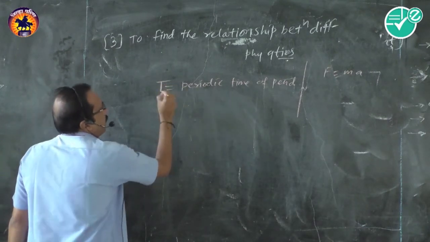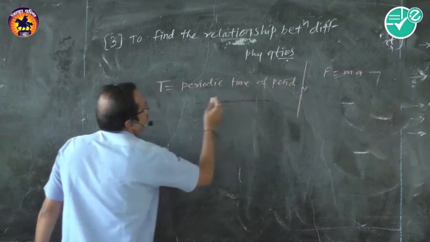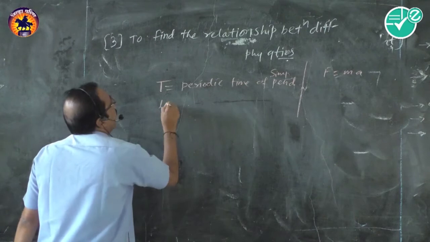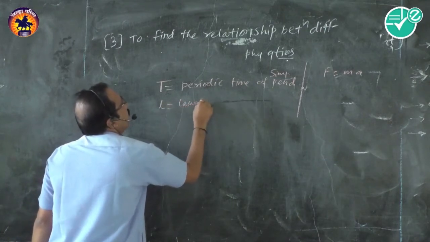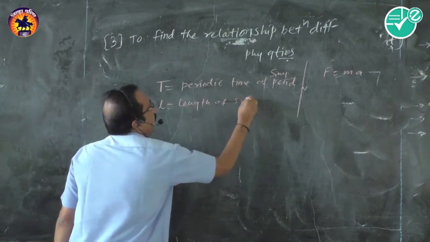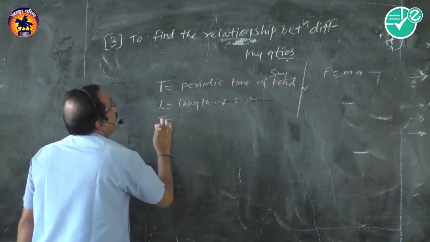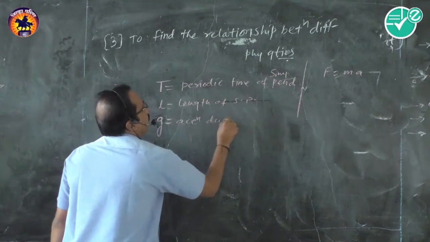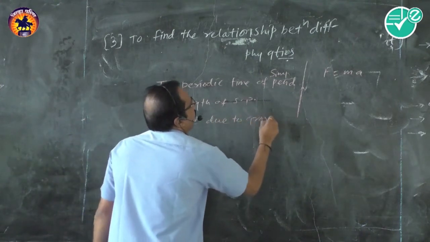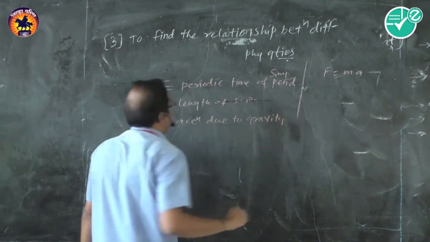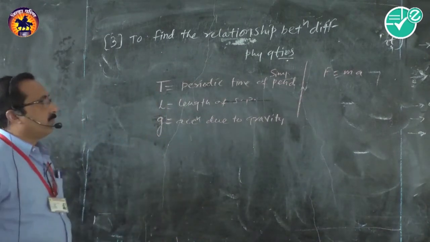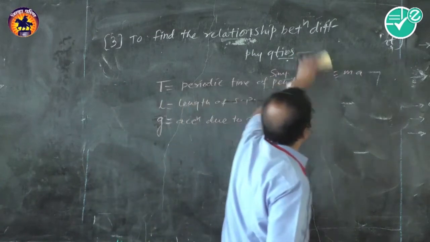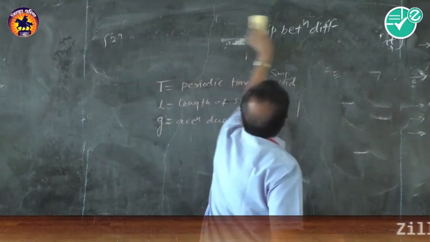Let us suppose that T is the periodic time of the simple pendulum, L is the length of the simple pendulum, and g is the acceleration due to gravity. We know that the pendulum is used to find the acceleration due to gravity at a point.